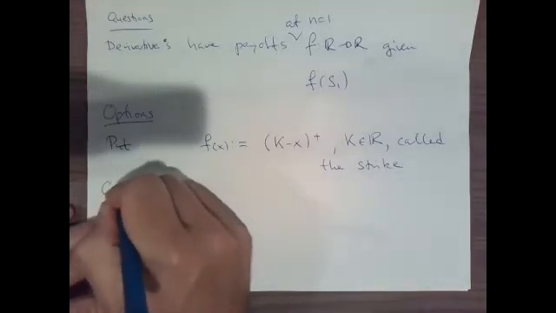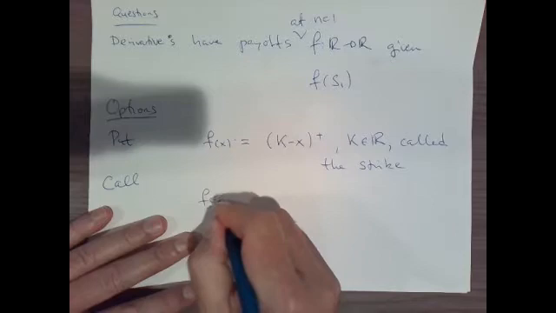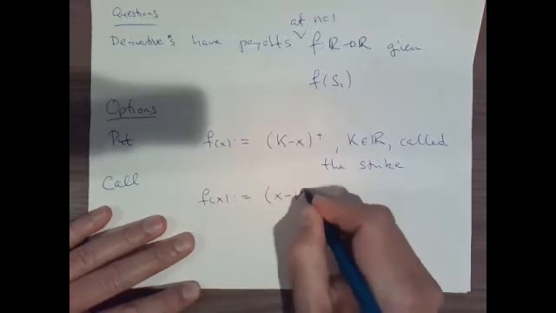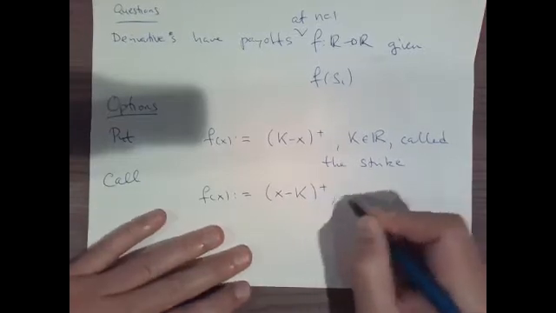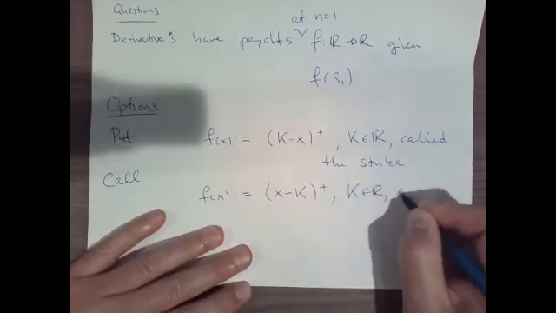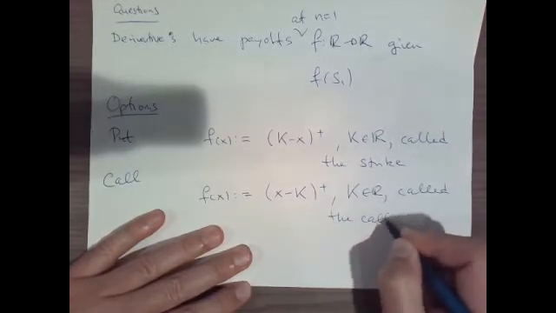If you have a call, you have a different function. So it's going to be x minus K, positive part. And again, K is a constant, and K is called the call strike.